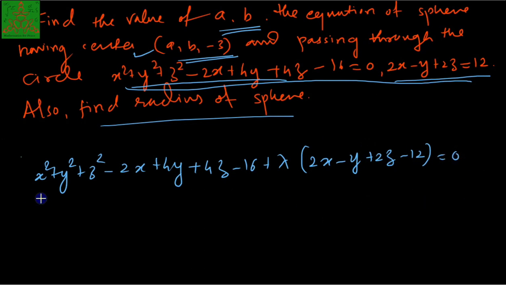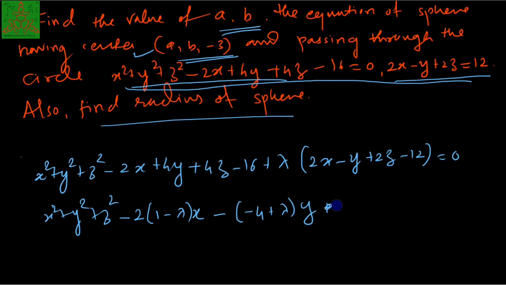If we simplify this further, we get the coefficient of x as minus 2 into 1 minus lambda x, minus of minus 4 plus lambda y, minus 2 into minus 2 minus lambda z, minus 16 minus 12 lambda equal to 0.